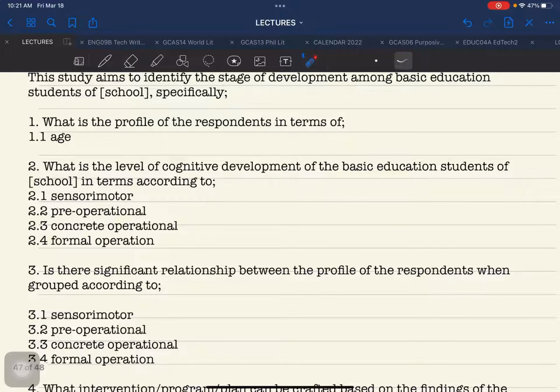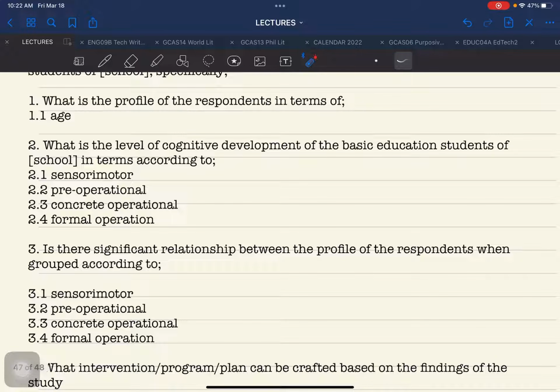Number 3, earlier I mentioned that if you are going to use the profile of the respondents, make sure that you will be using them in your study. Under SOP number 3, the reason why I choose profile of the respondents is that I would like to see if there is a significant relationship. So I want to correlate the profile of the respondents in terms of age with their cognitive development.